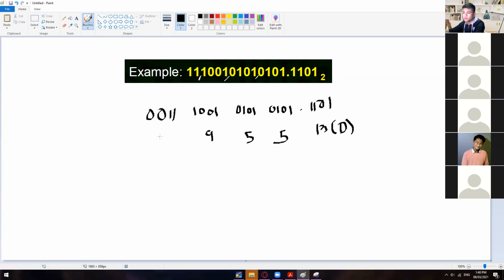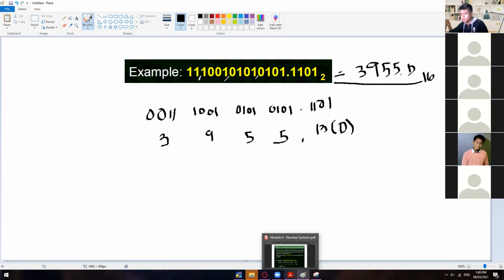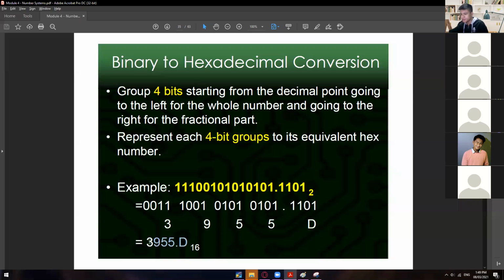And 0011 is 3. So the answer is, since this one asks us to convert to hexadecimal, base 16, 3955 dot D. Let's see whether I've got the correct answer. Yes, it's 3955 dot D.